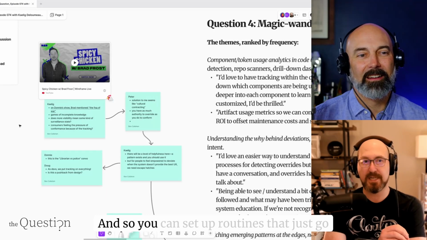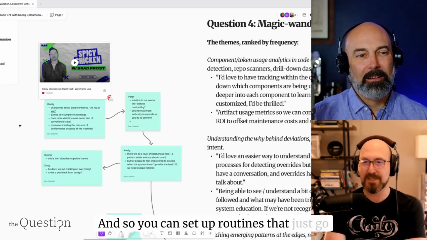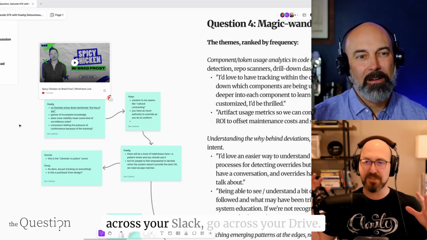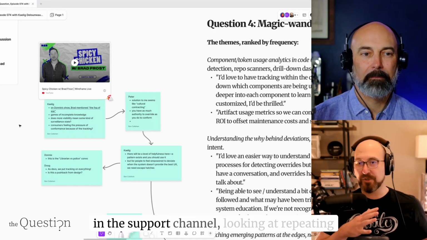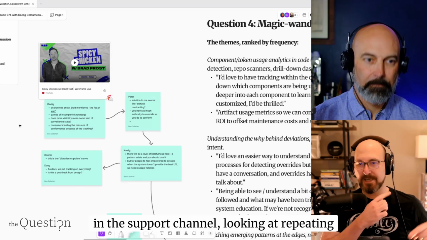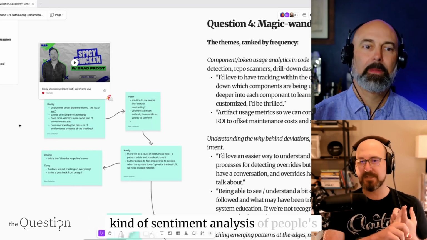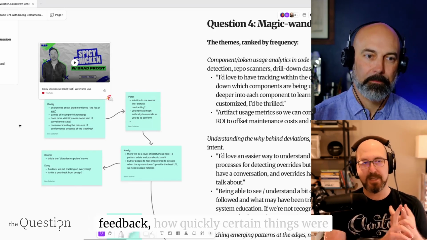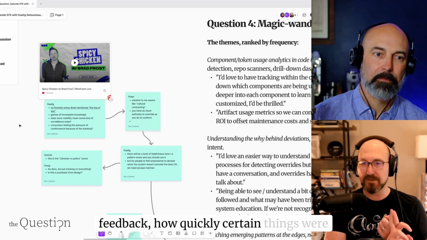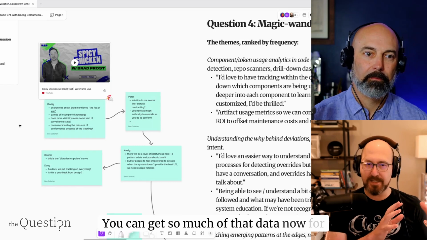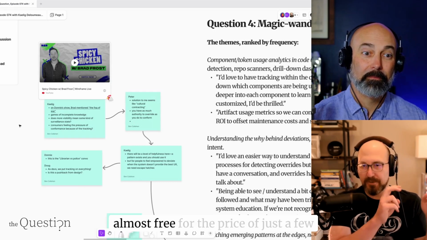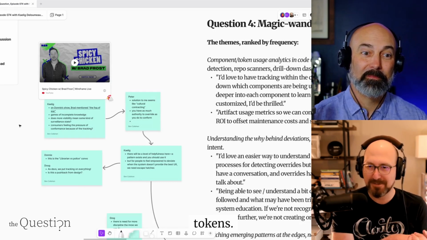And so you can set up routines that just go across your Slack, go across your Drive, in the support channel, looking at repeating sentiment analysis of people's feedback, how quickly certain things were resolved. You can get so much of that data now for almost free, for the price of just a few tokens.